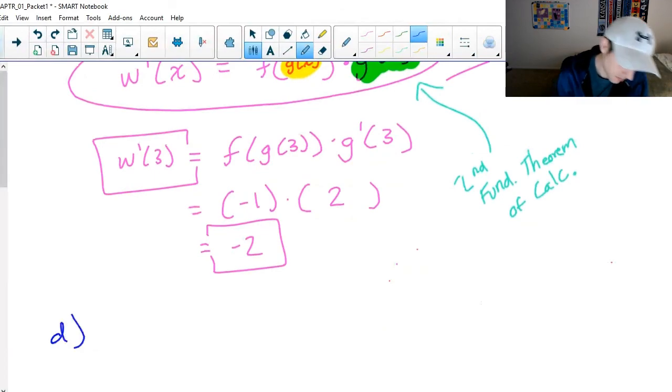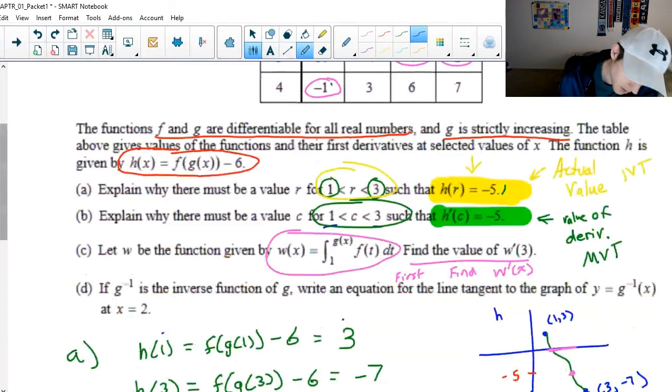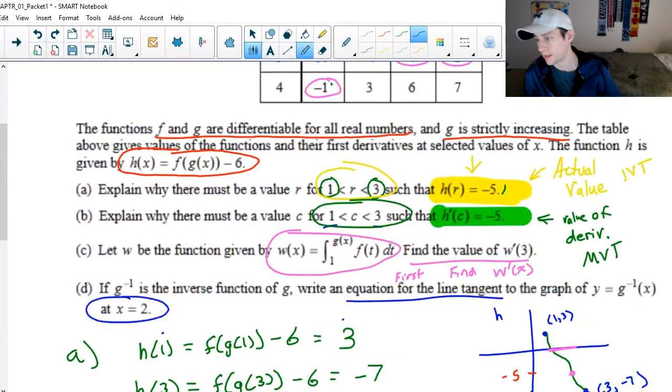Part D, if g inverse is the inverse function of g, okay, that makes sense. Write an equation for the tangent line of the graph g inverse of x at x equals 2. So if I need the equation for a tangent line, the first thing that I need is to figure out what is the slope of the tangent line.